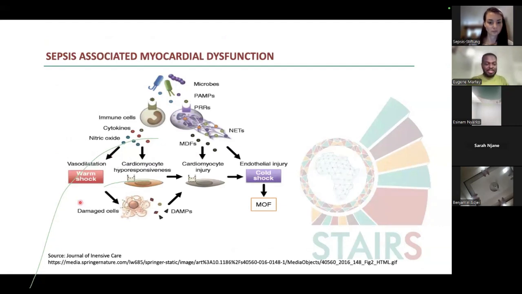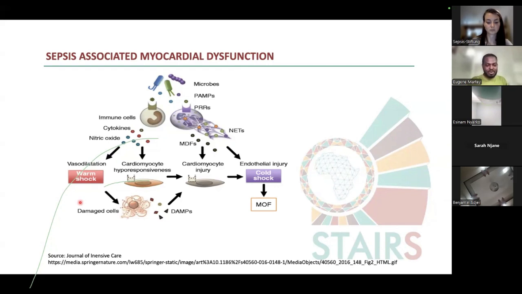Some may actually be coming in with sepsis-associated myocardial dysfunction, in that they may progress from vasodilation and warm shock into increased vascular permeability where they are having endothelial dysfunction. And you can actually end up with not only edema in other tissues, but edema of your myocardium. And once the myocardium is edematous, it becomes less contractile.